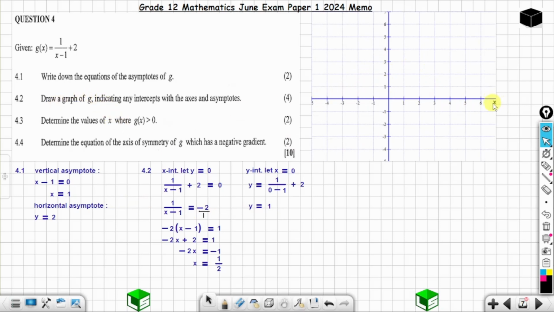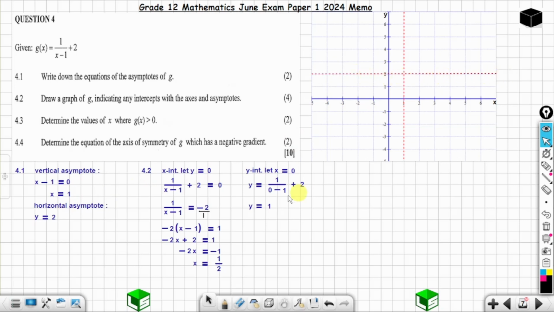This is the x-axis. This is the y-axis. You have your vertical asymptote at x is equal to 1. On the x-axis, x is equal to 1. And you have your horizontal asymptote at y is equal to 2. On the y-axis, y is equal to 2.